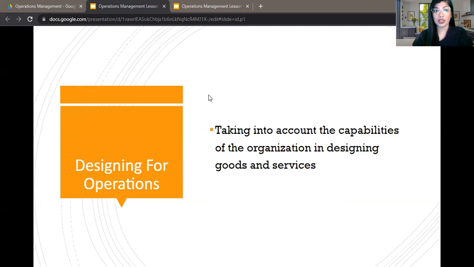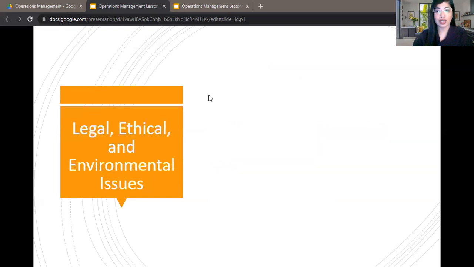Designing for operations is about taking into account the capabilities of the organization in designing goods and services. The designer must be careful to take into account a wide array of legal and ethical considerations. Generally, they are mandatory.